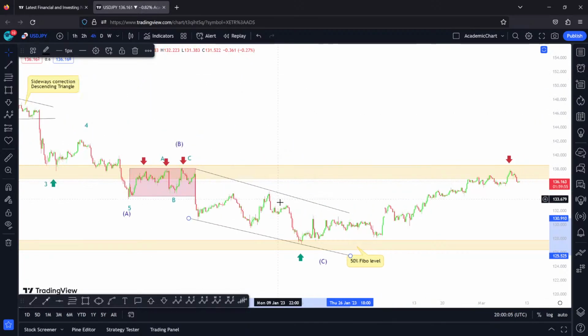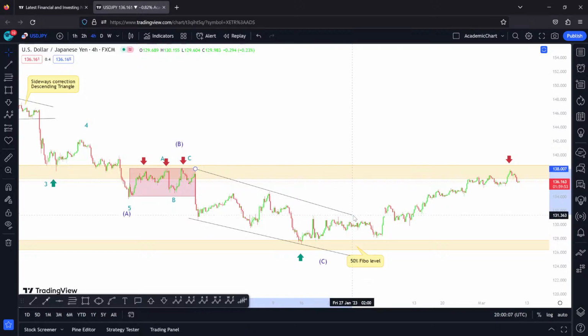But when that happens, we are seeing some sort of diagonals, and it is harder to count the waves. We don't know exactly how it is, but they are still impulsive waves. They are not something other than impulsives.